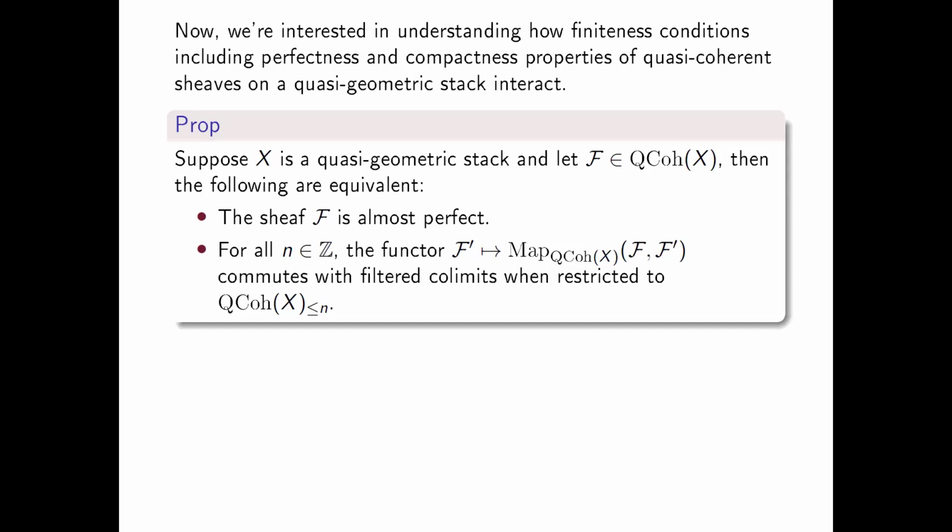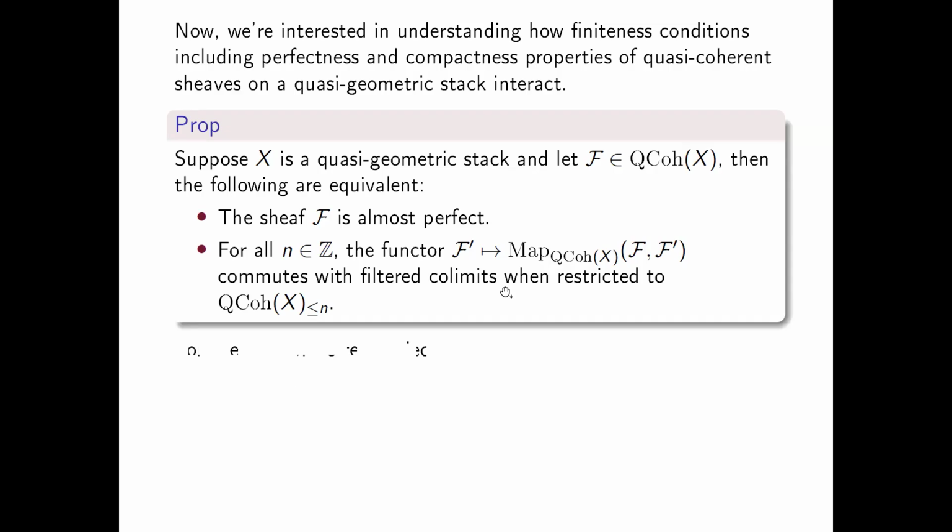If you start off with a spectral Deligne-Mumford stack X and you take a quasi-coherent sheaf F, then it is said to be almost perfect if for all affine objects U in X, F of U is almost perfect as a module over O_X of U. And for all n in Z, the functor mapping from F to F' in these quasi-coherent sheaves commutes with filtered colimits when restricted to QCoh(X) less than or equal to n.